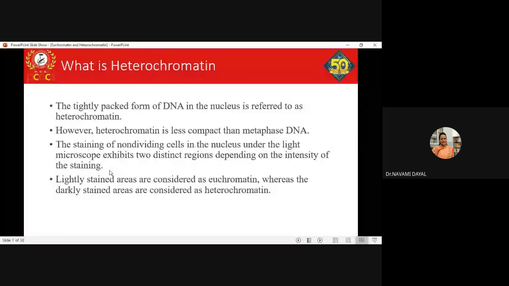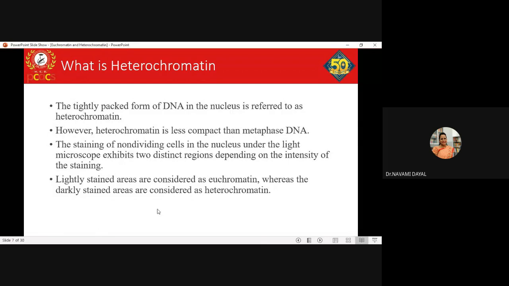In the mitosis onion root tip experiment, even if you have not performed it, at least you have seen the demonstration. When you look at the chromosomes in the different stages, in some places your chromosomes appear more stained, and in some places some regions appear less stained. That is because of this condensation and decondensation part. The condensed region, the tightly condensed region, has the ability to take up more stain and get stained more, so it appears dark. The less condensed form appears lightly stained, because it has fewer molecules to hold the stain.